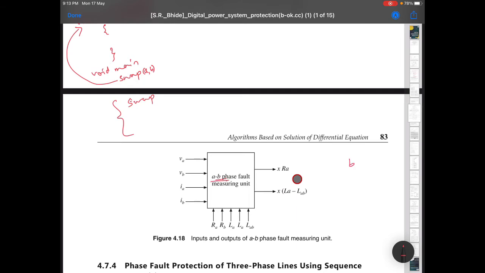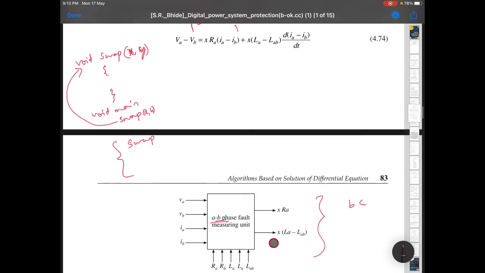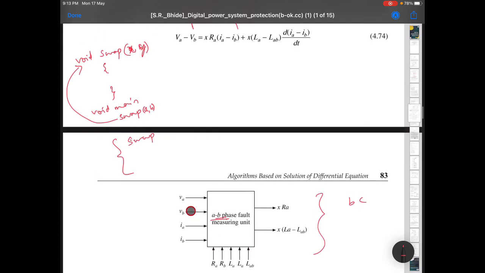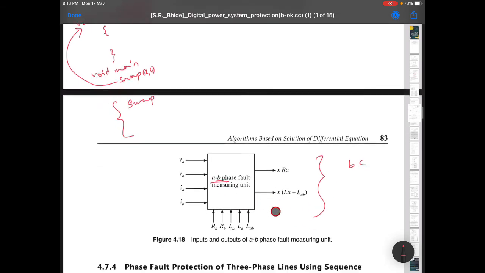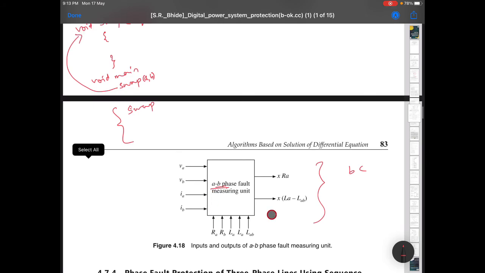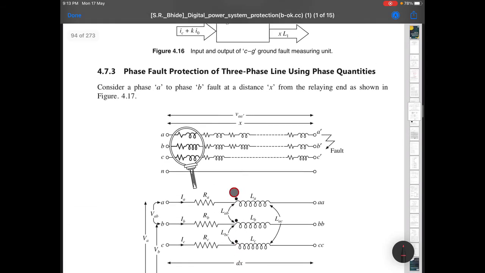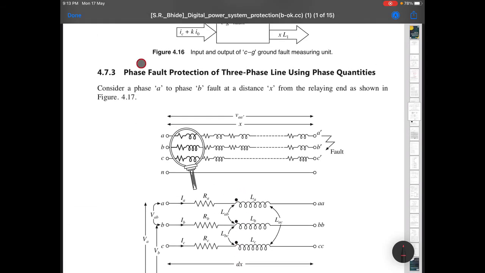If you want to have it for BC, one more similar block you have to write, replacing A with B and B with C. You will get this. So this is only for fault between phase AB. They have not shown all the cases, only one case. This is what you have to explain if this question is asked, that is phase fault using phase quantities.